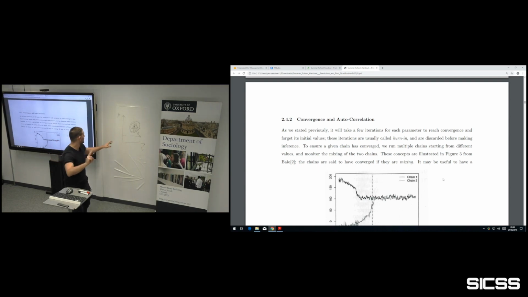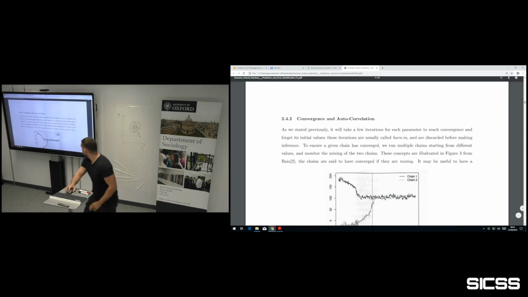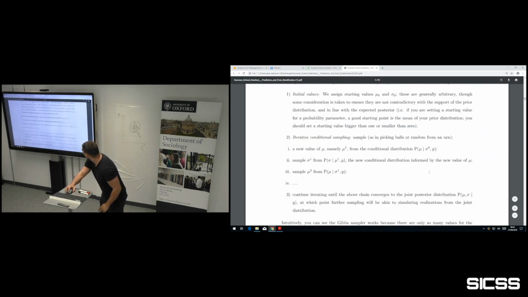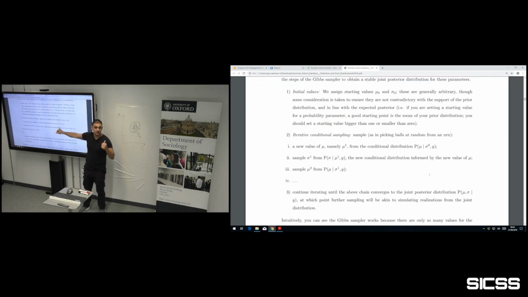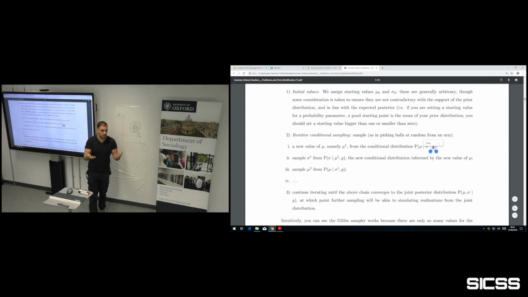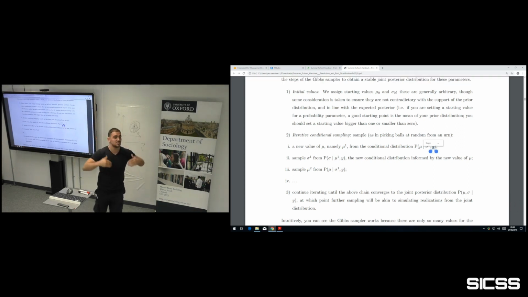So there are two constraints here. Let me go back up, actually. When you sample the new value of mu, it has to be coherent with the current value of sigma and your data. So this is a coherence problem. Every time you sample, it has to get more and more coherent with your data and your sigma.